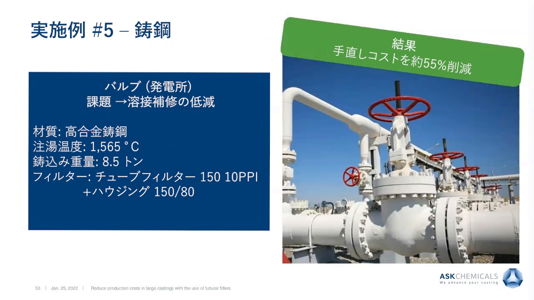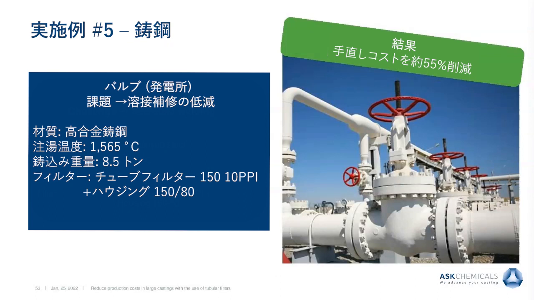Some of these defects were identified as subsurface defects, mainly caused by non-metallic inclusions and probably too much turbulence. Of course, these defects led to an increased amount of reworking, and it was very important to bring these castings into a saleable condition. Because it is a steel casting, a lot more effort was necessary to repair this.